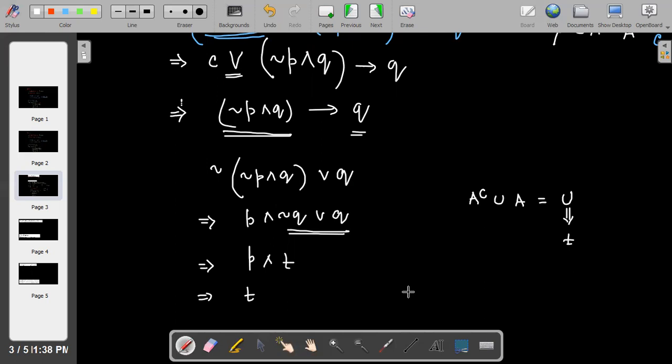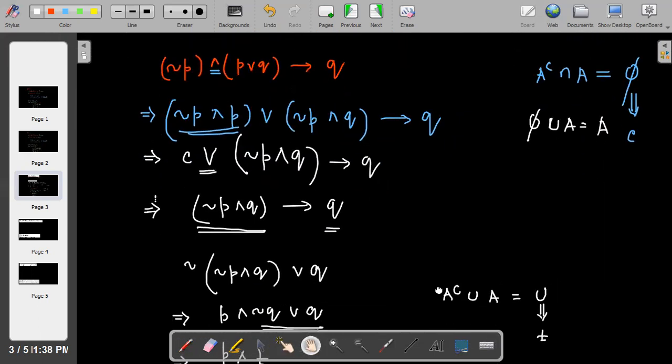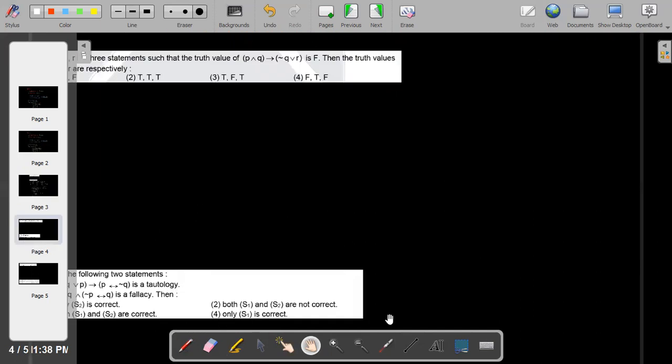So this is simply set. You can do it by Boolean, you can do it by property, it's your wish. Okay, let's go to the next question. So here, one thing to understand while doing the property, remember it's set.